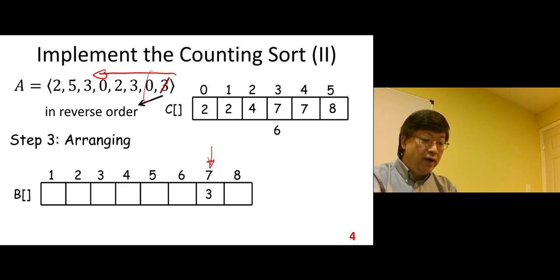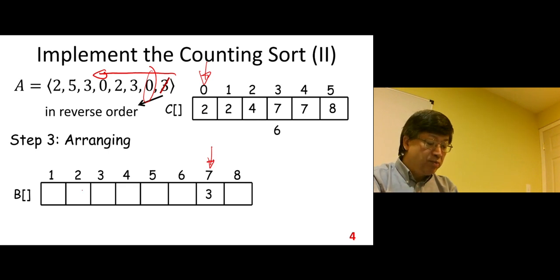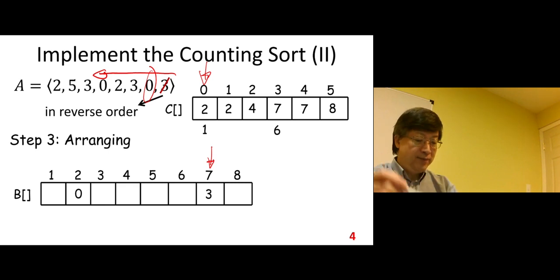Next one, 0. You go to index 0 of the C array. You see 2. That means you should place that 0 element in position 2 of the B array. Then decrease the accumulated C number by 1. Then you cross out that element.